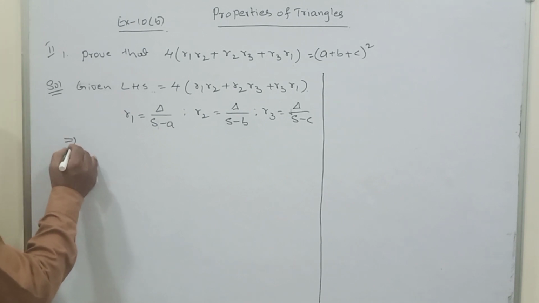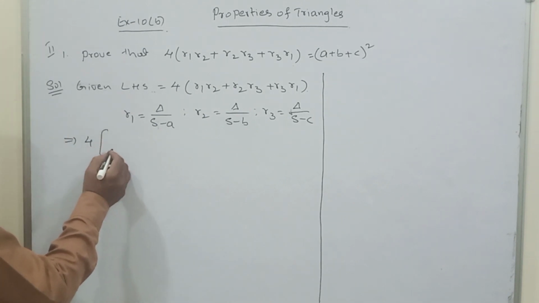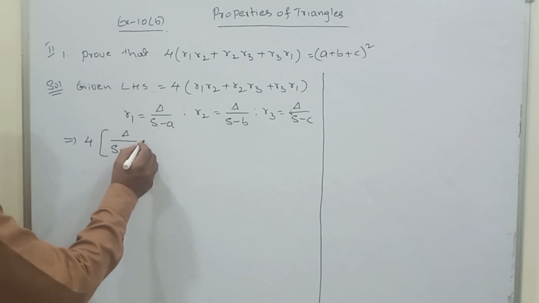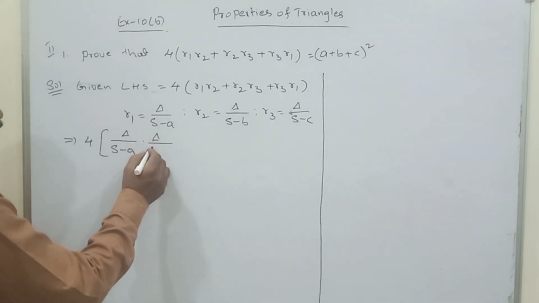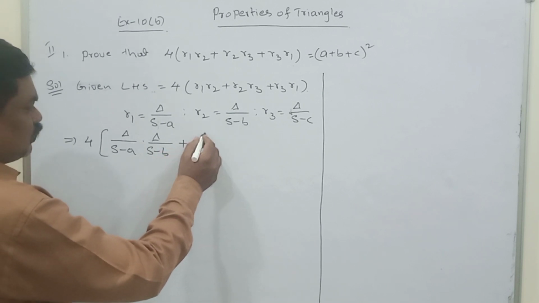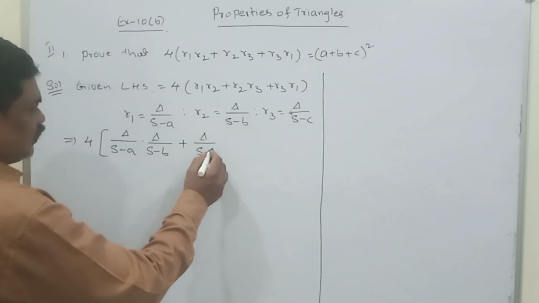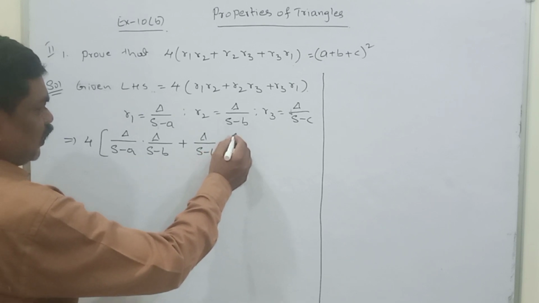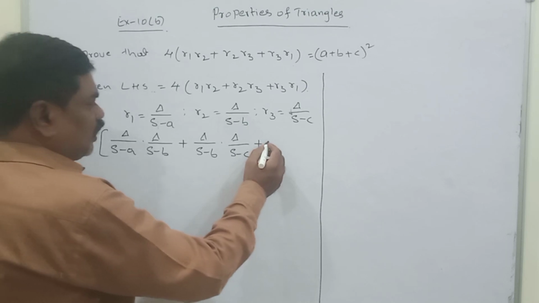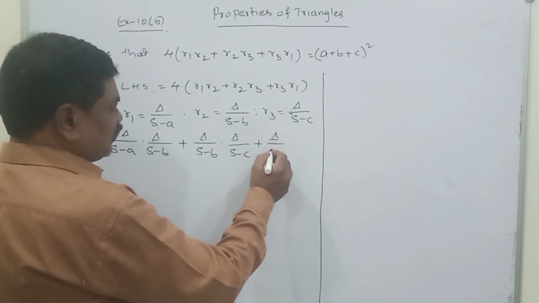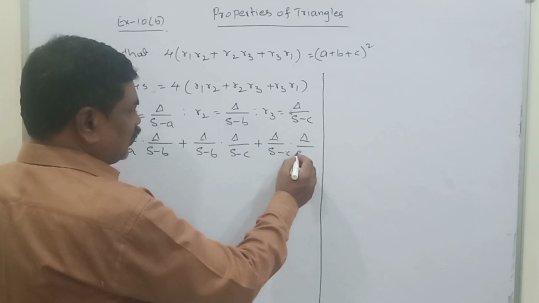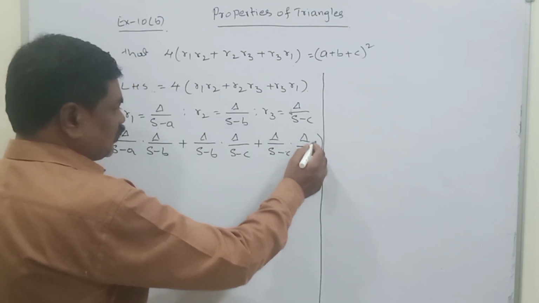That implies 4 of R1, delta by (s minus a), into R2, delta by (s minus b), plus R2, delta by (s minus b), into R3, delta by (s minus c), plus R3, delta by (s minus c), into R1, delta by (s minus a).